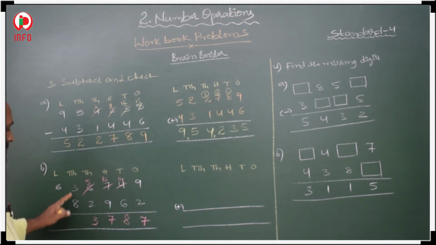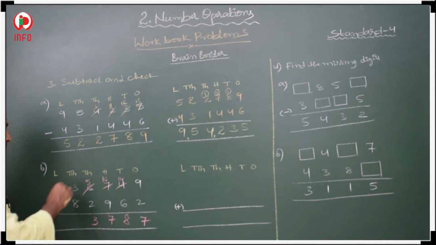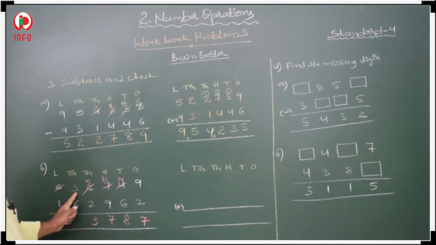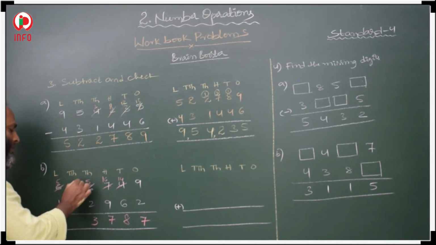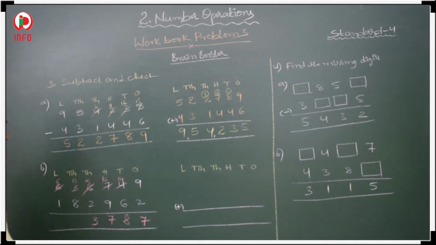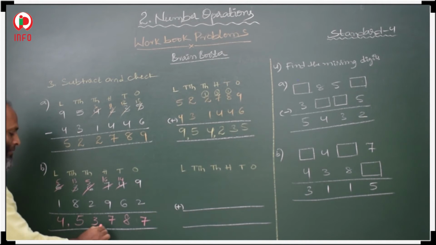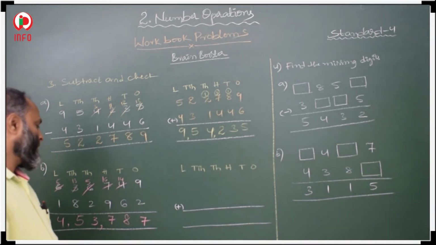And 3 minus 8, it's not possible. Take borrow from here. It will decrease by 1. It is increased by 10. 13 minus 8 is 5. Then 5 minus 1 is 4. Then 4 lakhs 53,787. This is our difference.